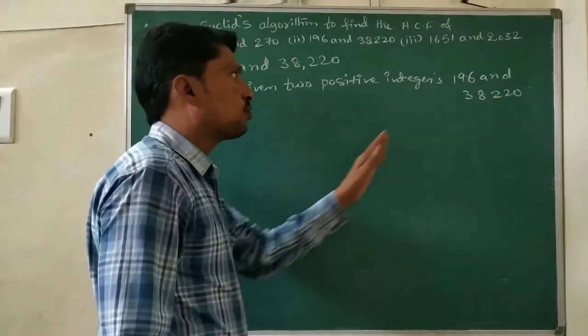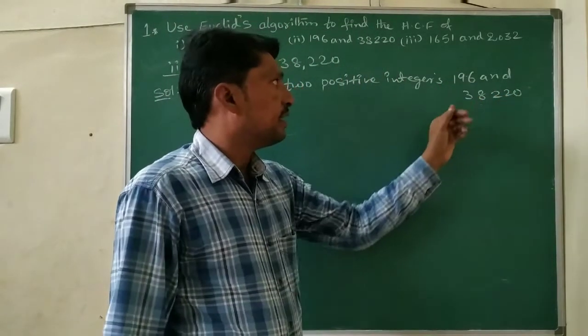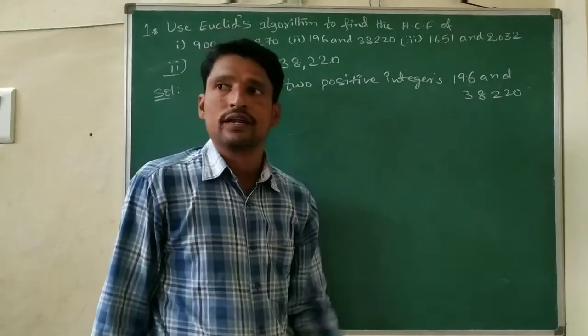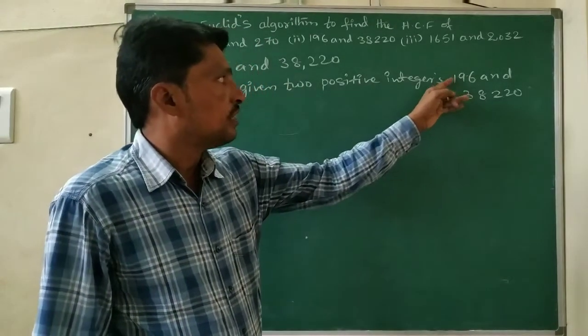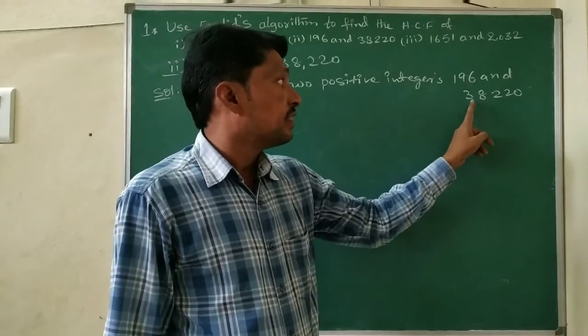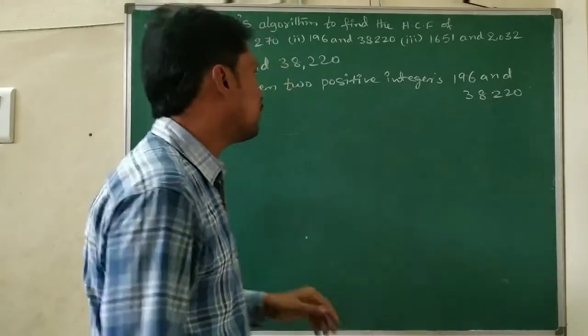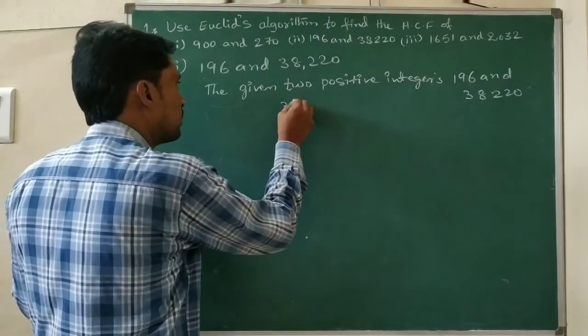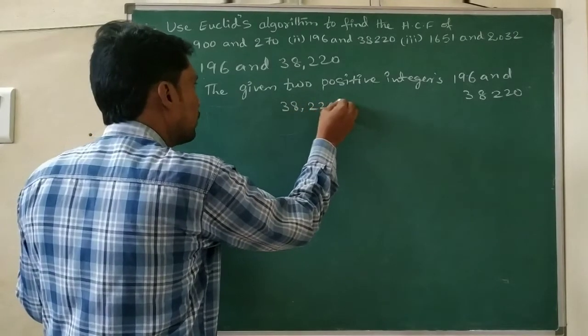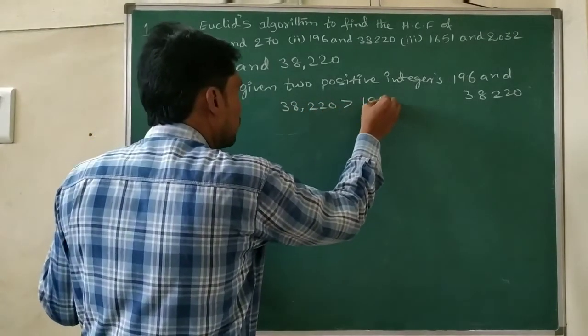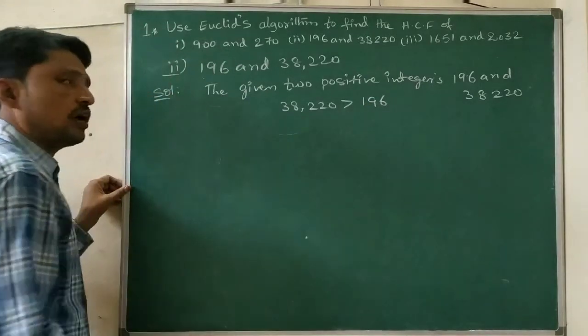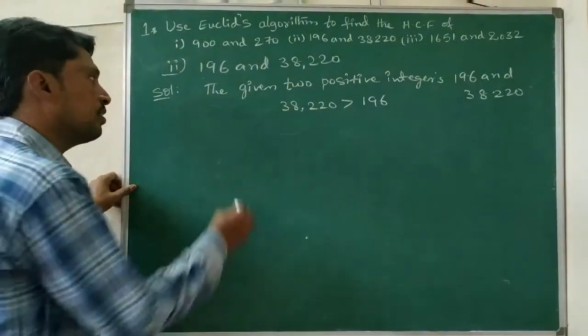Of these two numbers, which one is greater? 38,220 is the greater number. So 38,220 is greater than 196. Now we need to apply Euclid's algorithm.